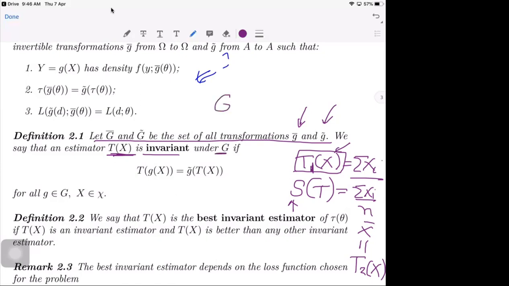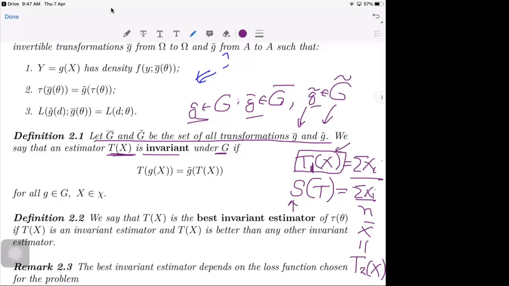So ang atong group of transformation G can be si G bar na element sa G bar, or si G tilde na element sa G tilde, or in general, si G na element ni G. So si G, pwede na G bar, pwede G tilde. Okay?